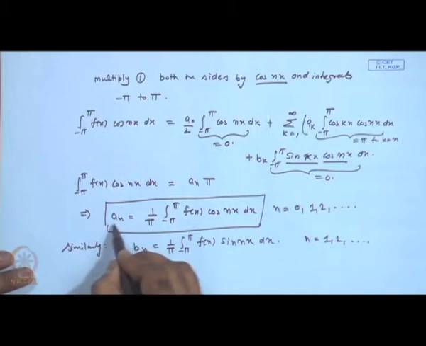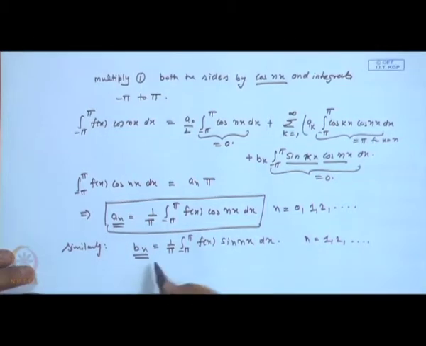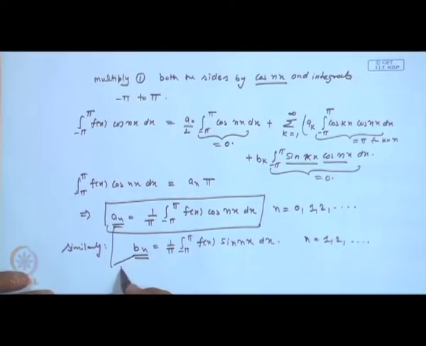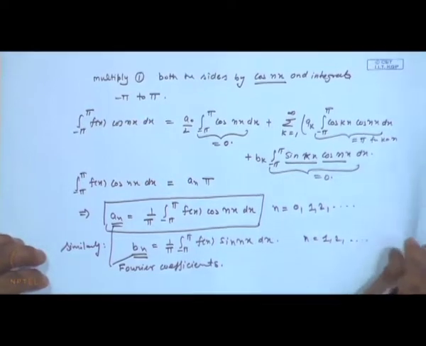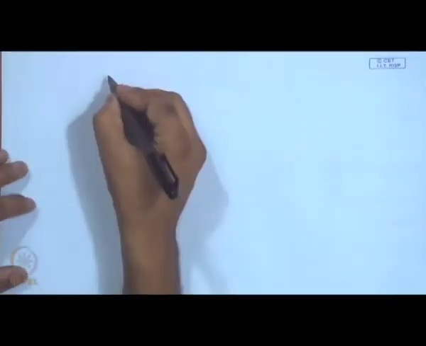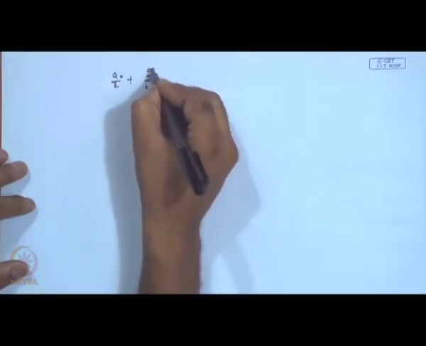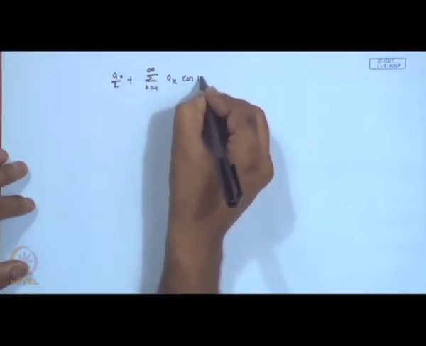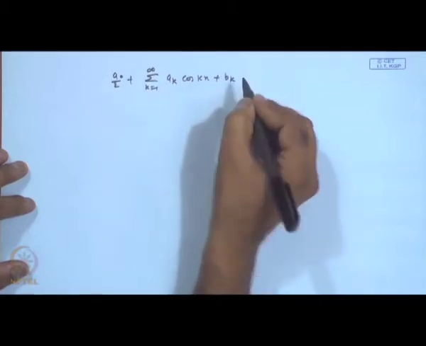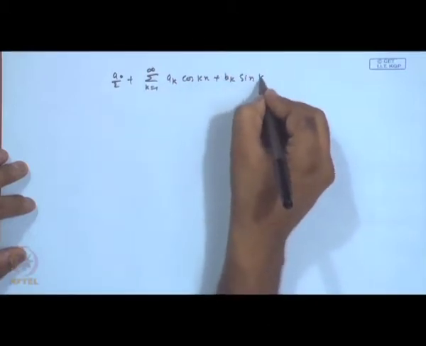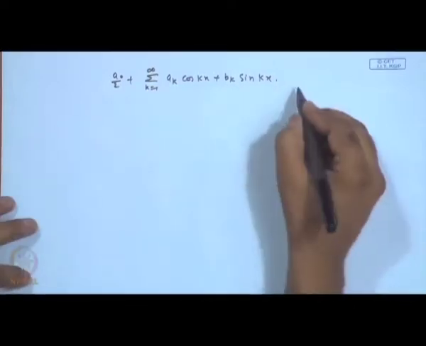So, these coefficients, this a_n and b_n, are called Fourier coefficients, and the trigonometric series, a_0 by 2 plus the sum from k equals 1 to infinity of a_k cos kx plus b_k sin kx, is called the Fourier series.